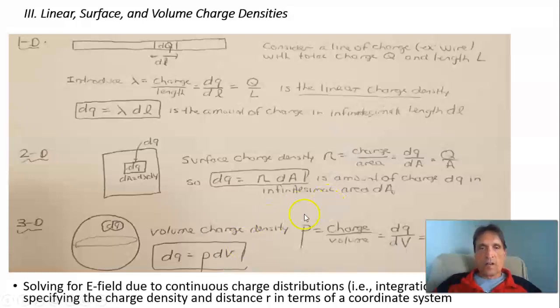So instead of Q in our point charge equations, we're going to use this delta Q as the contribution from a given element, and then integrate over the whole volume, the whole surface, or the whole line to get the total electric field.